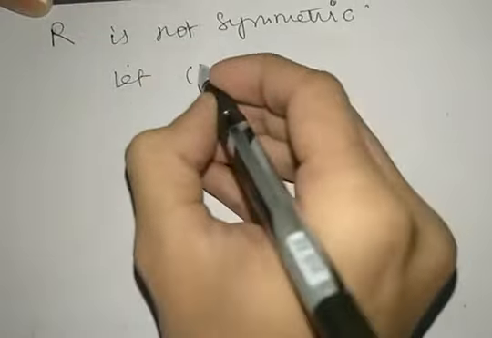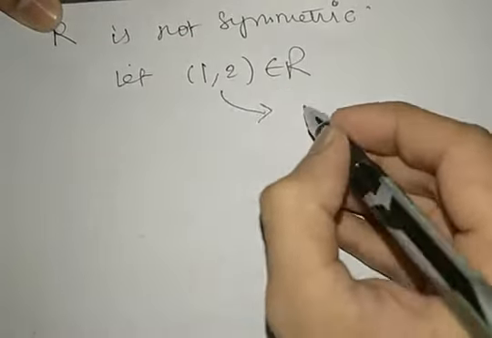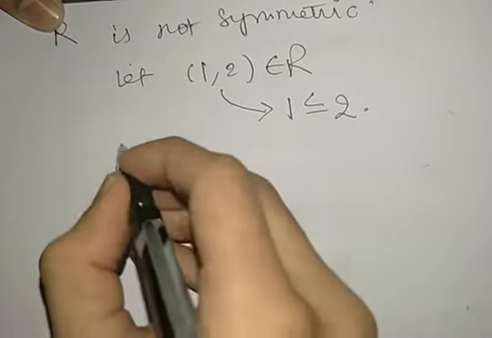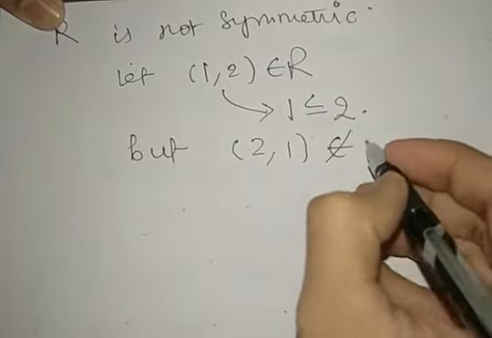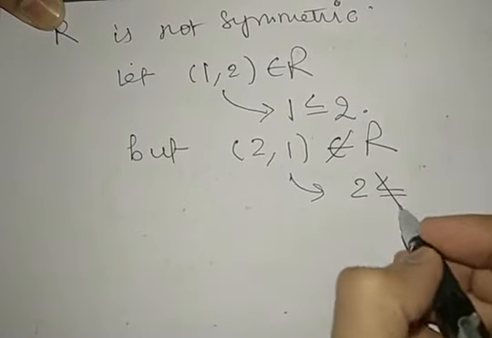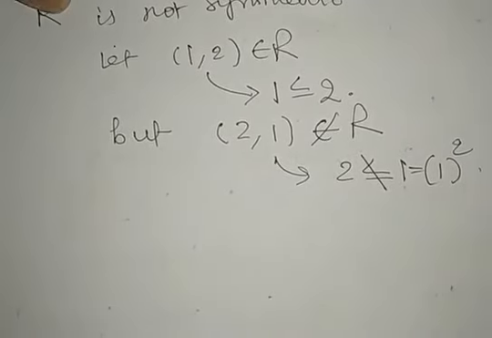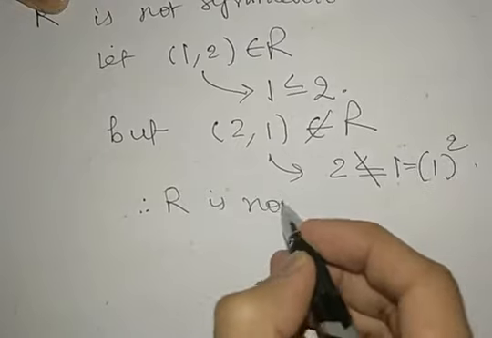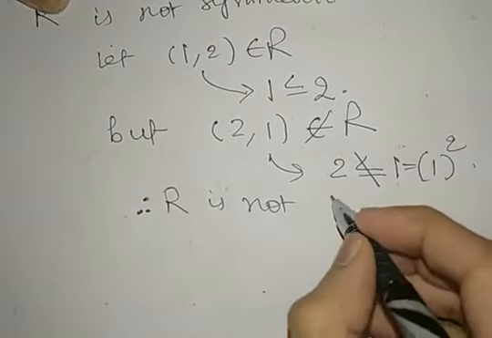So let 1 comma 2 belong to R. This is there in the set R. Why? Because 1 is less than or equal to 2. But what happens is 2 comma 1 doesn't belong to R. Why? Because 2 is not less than or equal to 1. So therefore R is not symmetric.